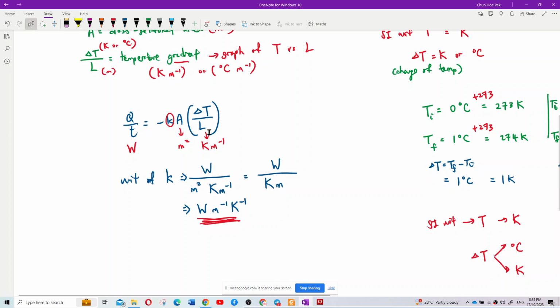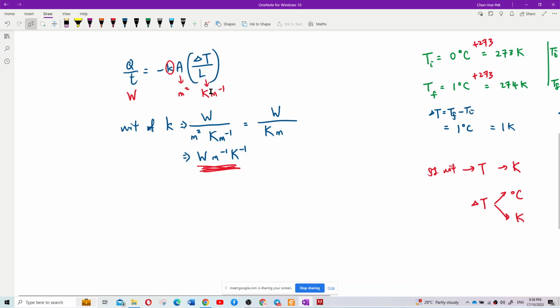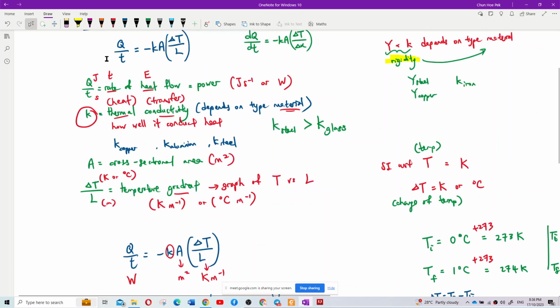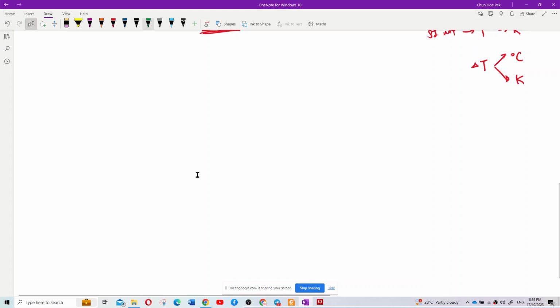Okay, good. Now let me explain the meaning of the symbols in this formula. Q over t is the rate of heat flow, then thermal conductivity, cross-sectional area, and temperature gradient. Let's say you have hot water here.